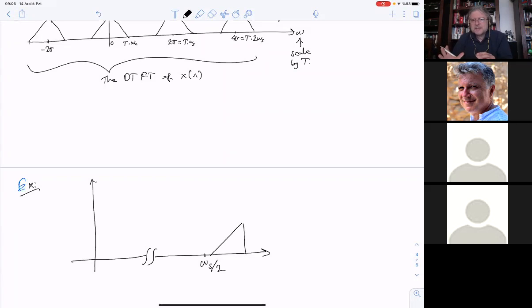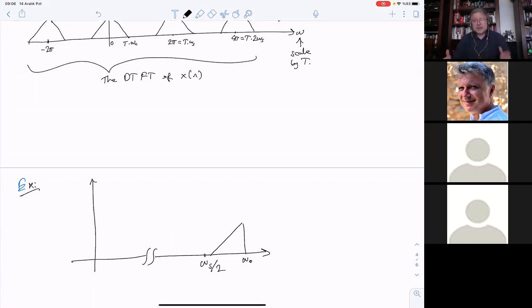So this appearance is not suitable for sampling without aliasing with omega s, because omega s is less than twice omega 0, because omega 0 at this point would really correspond to this point. So omega 0 is unfortunately not to the left of omega s over 2, but it stays at the right.